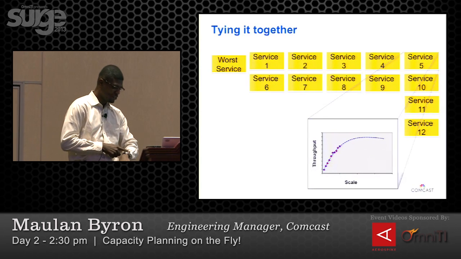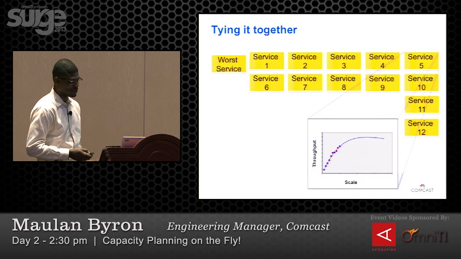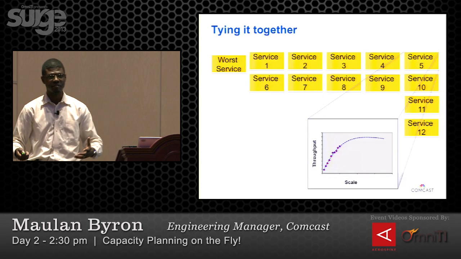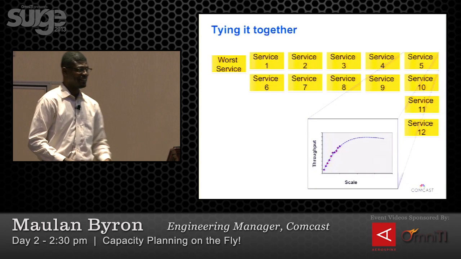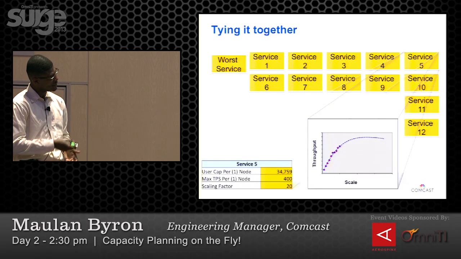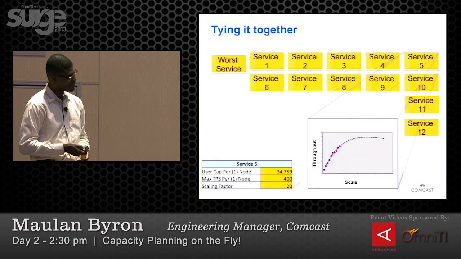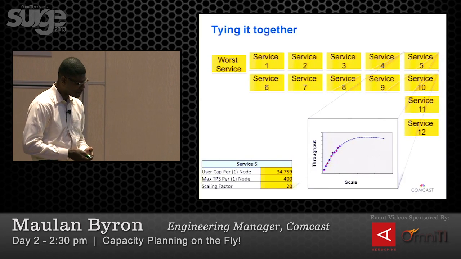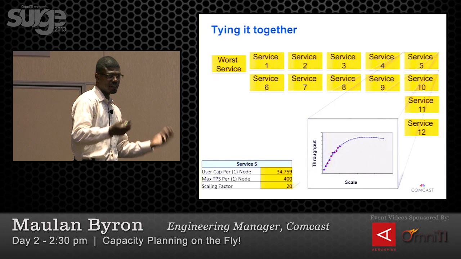Once you do that, what this gives you is a picture of what your system looks like. It's going to tell you that, well, I have 100 of these, and as a whole, I can only support, say, 20,000 customers. But I realize if I went in and fixed service 5 and increased its capacity or its scale, I'd be able to support double that.